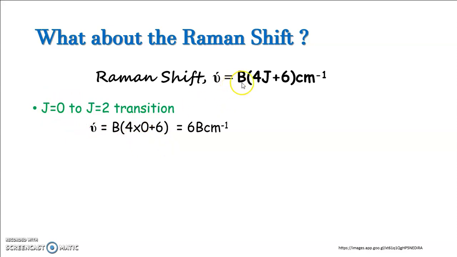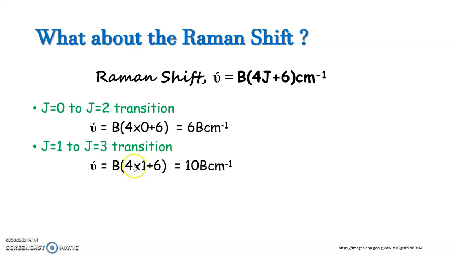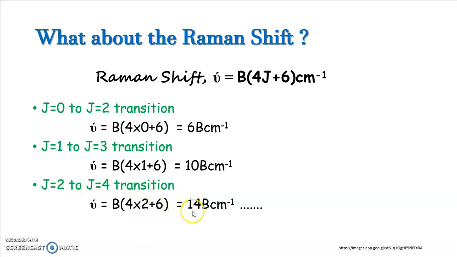Here also for B into 4J plus 6, we take the initial value 0, and the first shift line will be 6B centimeter inverse. This is the first transition, J equal to 0 to J equal to 2. What will be the next transition? J equal to 1 to J equal to 3. That will be B into 4 into 1 plus 6, that is 10B. For a transition from J equal to 2 to J equal to 4, nu bar equal to 14B centimeter inverse, etc.